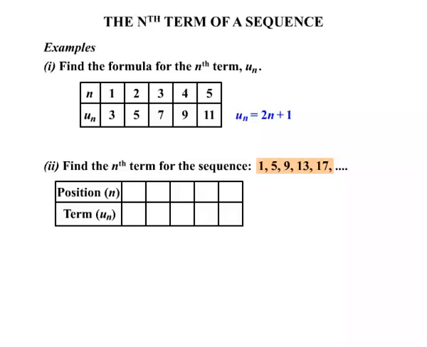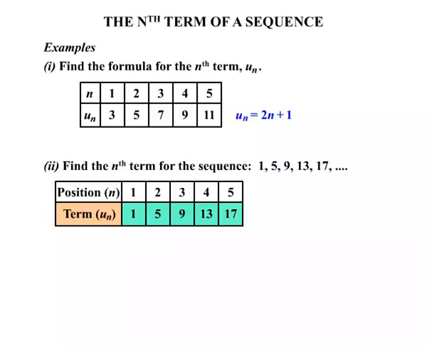Now the position is simply where these numbers come. There's a first, second, third, fourth and fifth number there. So the position we have 1, 2, 3, 4, 5. Now the actual terms are the terms that are highlighted there: the 1, the 5, 9, 13 and 17.